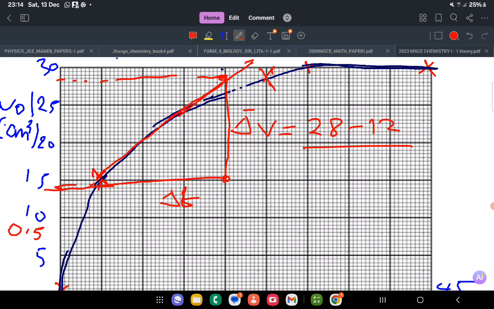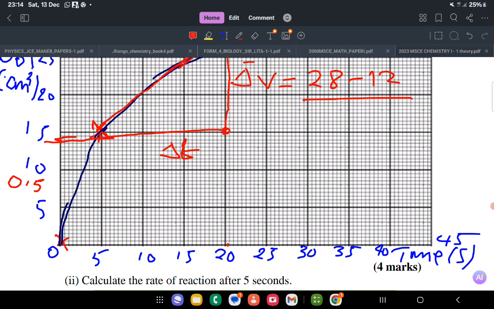Then you divide by the time taken. In this case, the time here is 20, and this time here is roughly 5. So you have 20 minus 5.